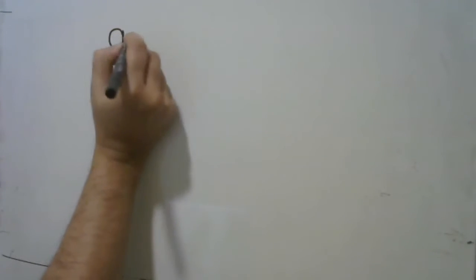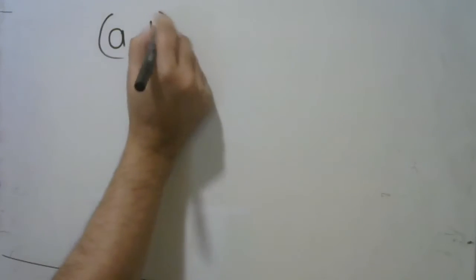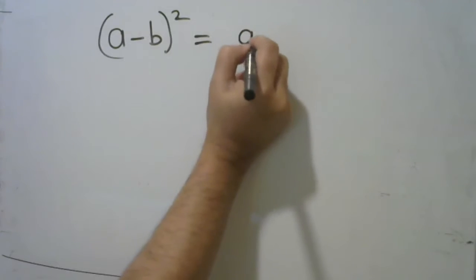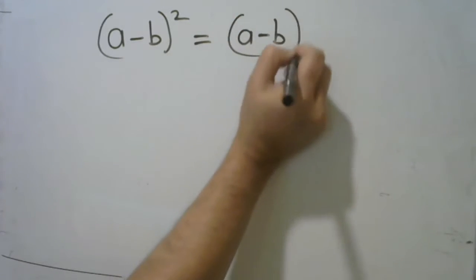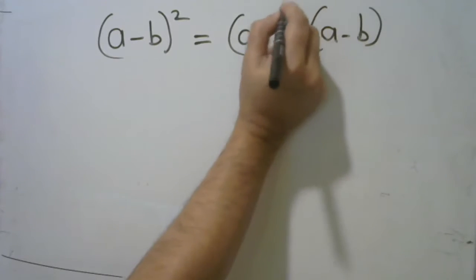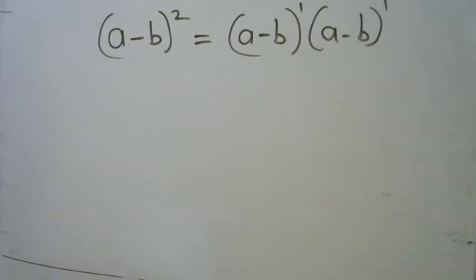Suppose you have A minus B all squared now. Now this is the same as A minus B times A minus B, because this is like A minus B to the 1, A minus B to the 1.